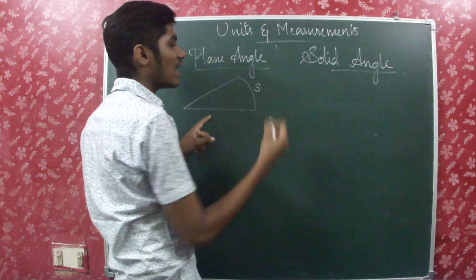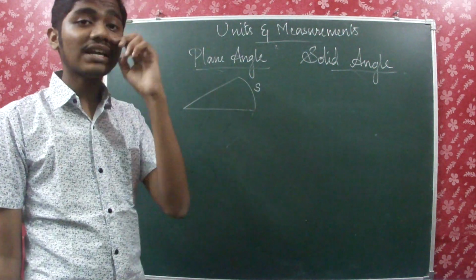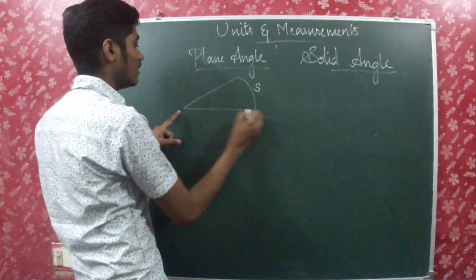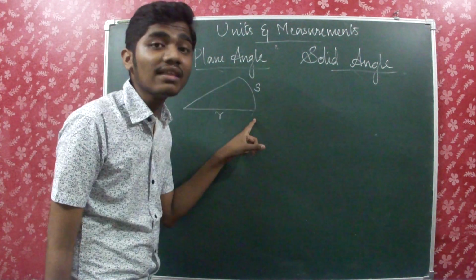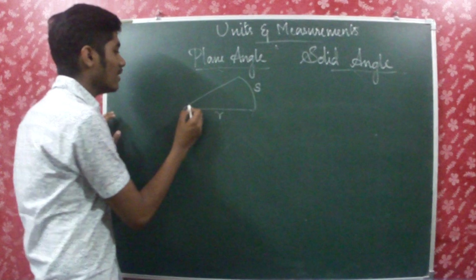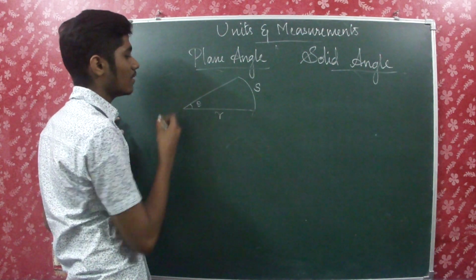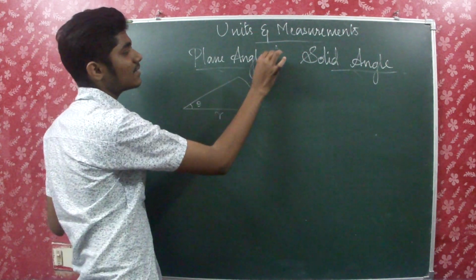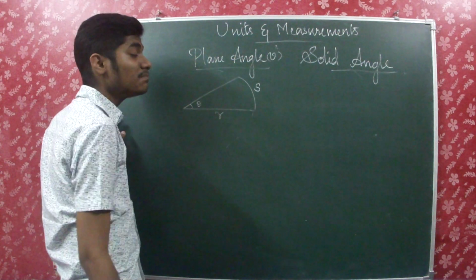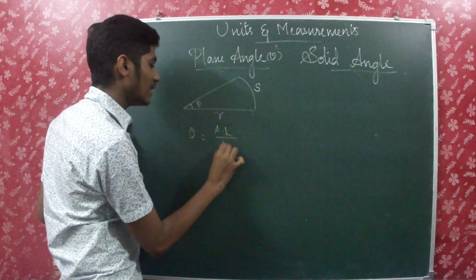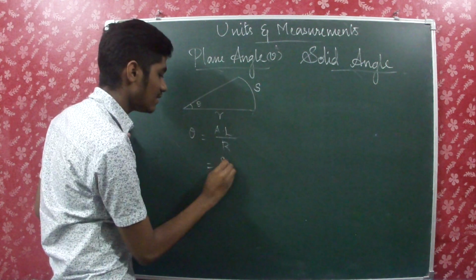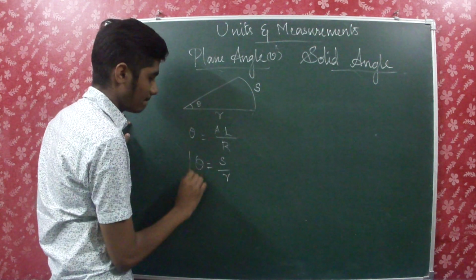If we take this arc length as S, and the radius as R, then this will be the plane angle, and it is represented by the symbol theta. So theta's formula is arc length by radius, that is S by R.